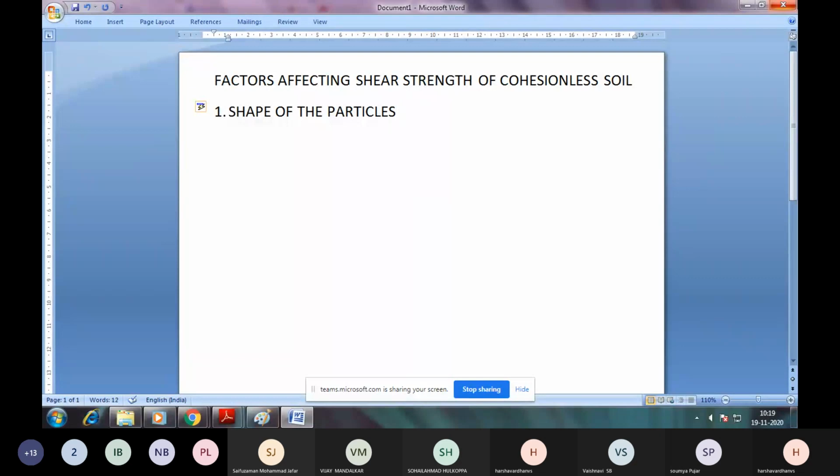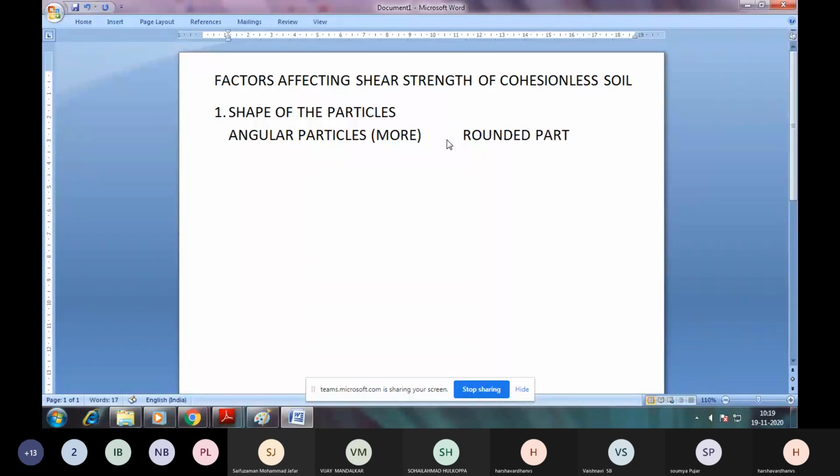Now the shear strength of the sand with angular particles is more than that of rounded particles. For angular particles, shear strength will be more, and for rounded particles it will be less.